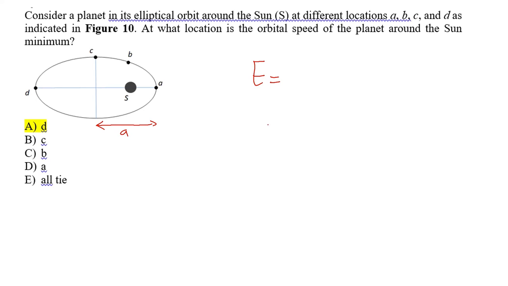Minus G, mass of the planet, mass of the bigger astronomical body, divided by 2A. Excellent. And this mechanical energy is conserved. It only depends on the A. Of course, it depends also on the masses, but these two masses are constant. So this is a constant.